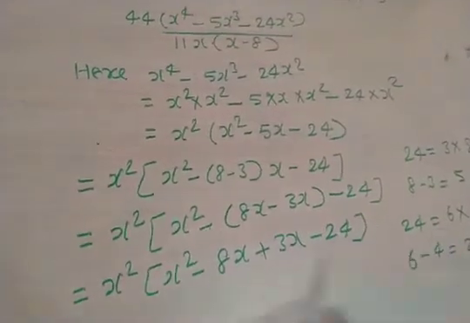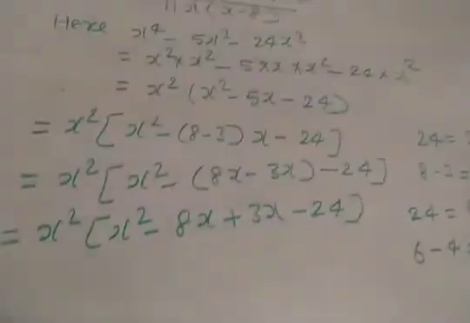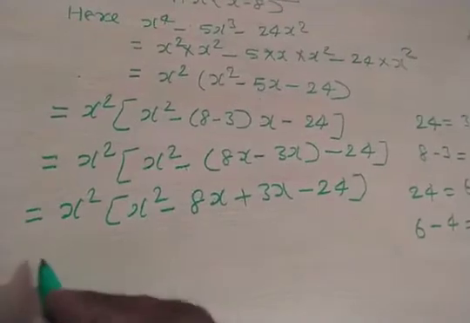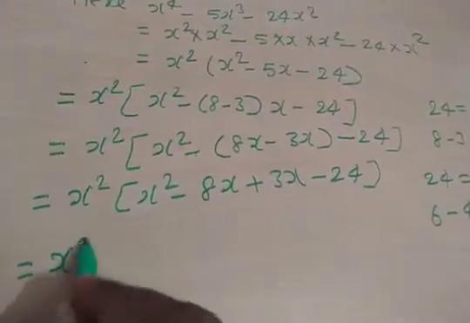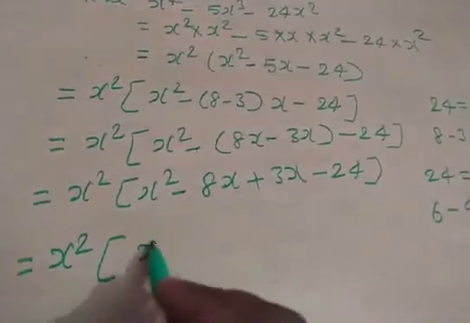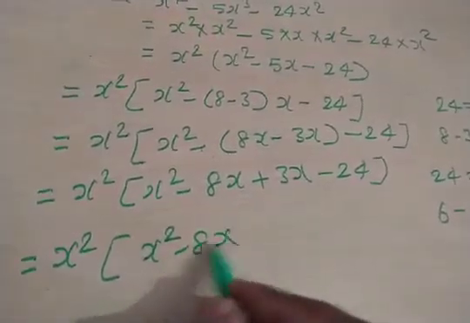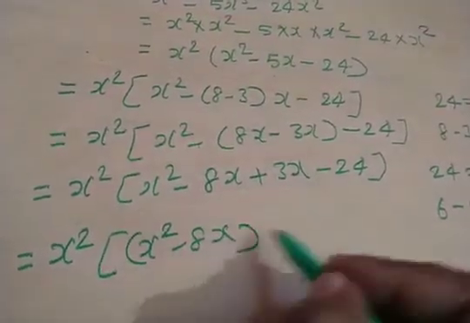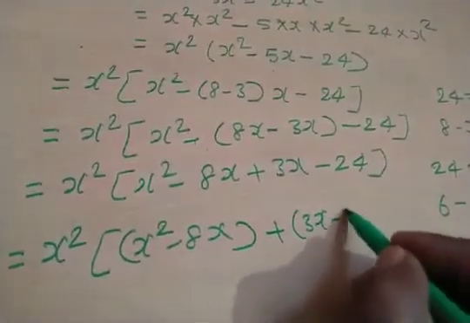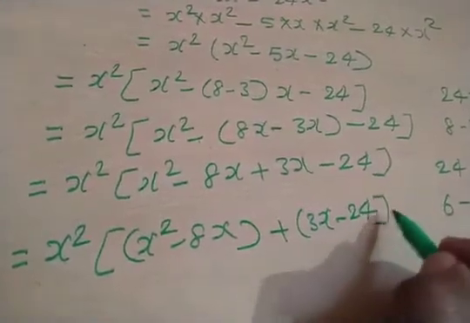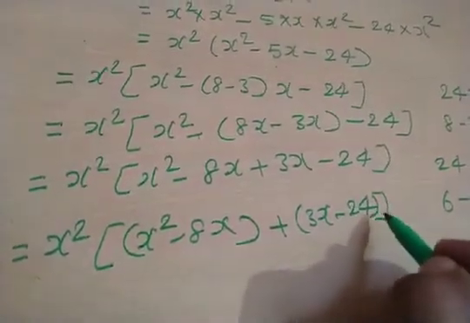Clear? So student, here we group it: x square minus 8x in one group plus 3x minus 24 is another group. Okay.